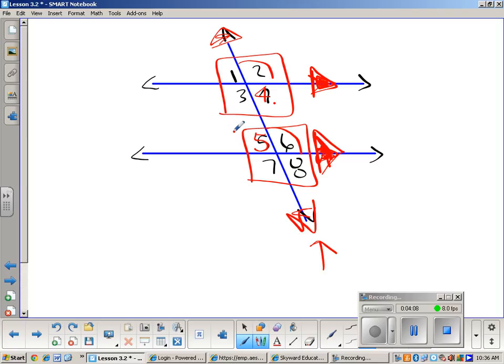They're alternate interior angles with parallel lines, which makes them congruent. So the measure of angle 4 is identical to angle 5. I know we're repeating this, but we have to understand those three concepts.